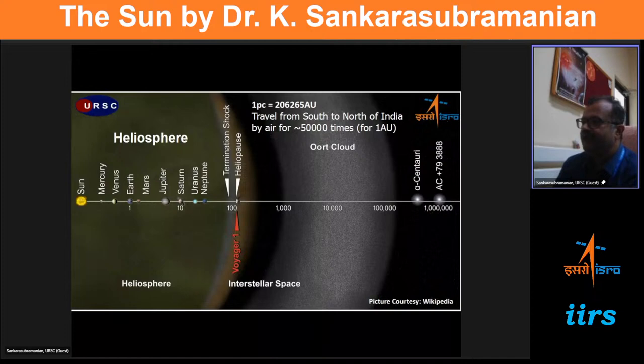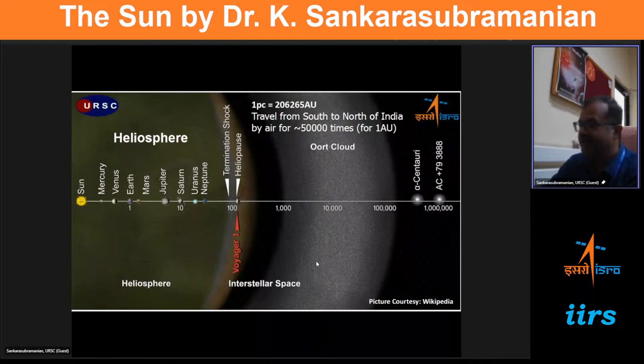This gives you a feel for where we are in the heliosphere, and this is a linear scale in which our solar system exists. You also see the interstellar space, which is outside of our heliosphere.